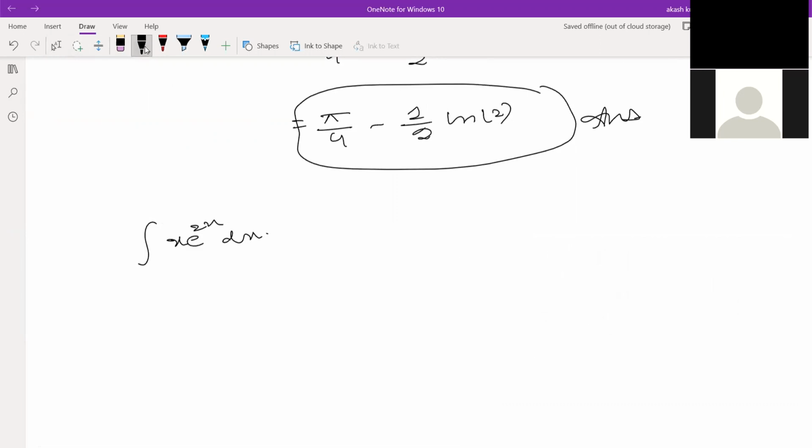Okay, so the function is x e raised to the power 2x dx. And the question was that u is given to us, which is x, and dv is given, which is e raised to the power 2x dx.